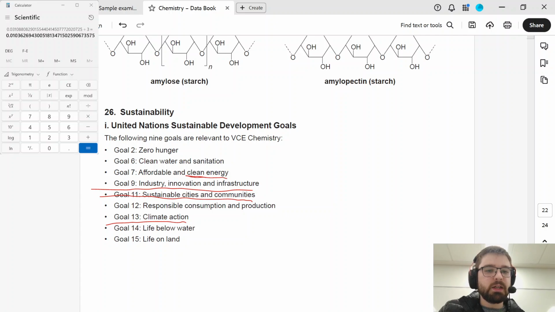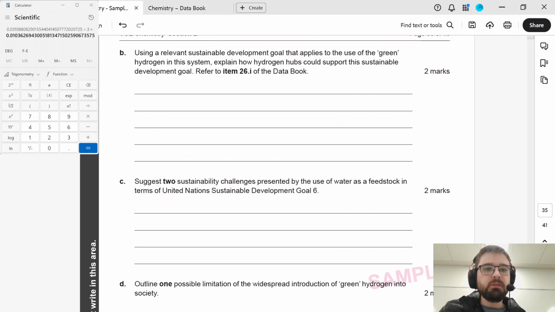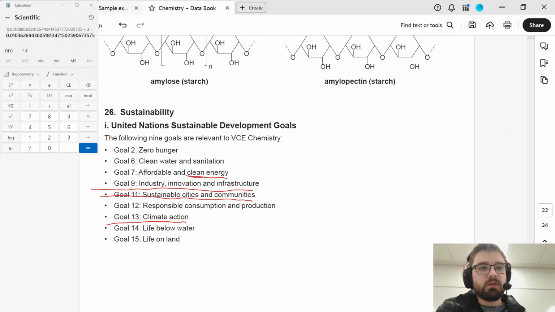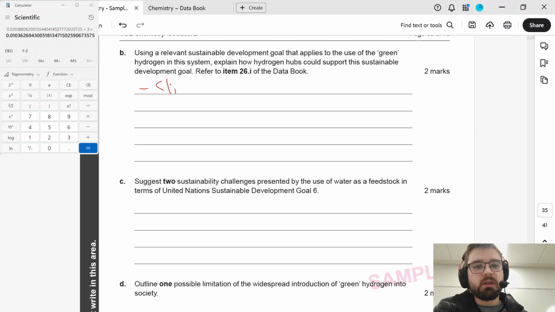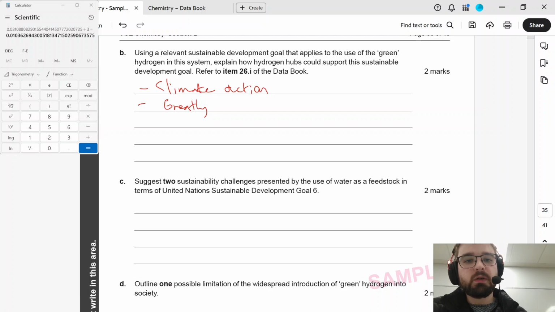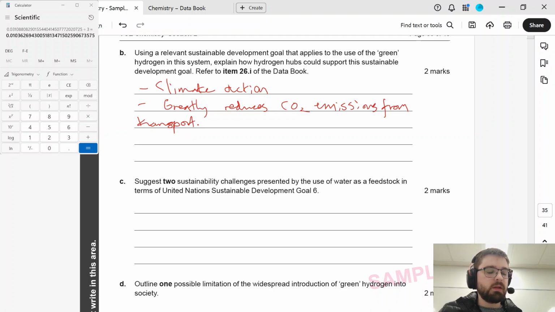You could talk about the clean energy thing here as well. So I'd say something like climate action greatly reduces carbon emissions from transport or something like that. I'd probably just discuss that a bit more, but I also need to go home at some point.